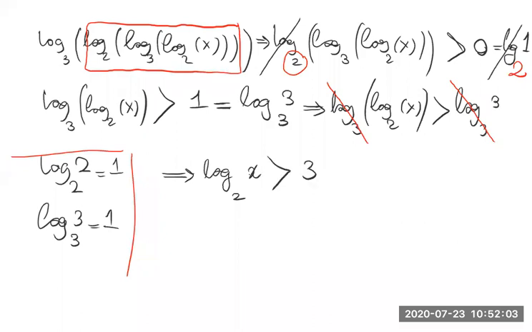Here I have log in base 2 on the left side. I would like to have log in base 2 on the right side too. What should be the number here? What is the number whose log in base 2 is 3? Well, you should remember the definition of log.